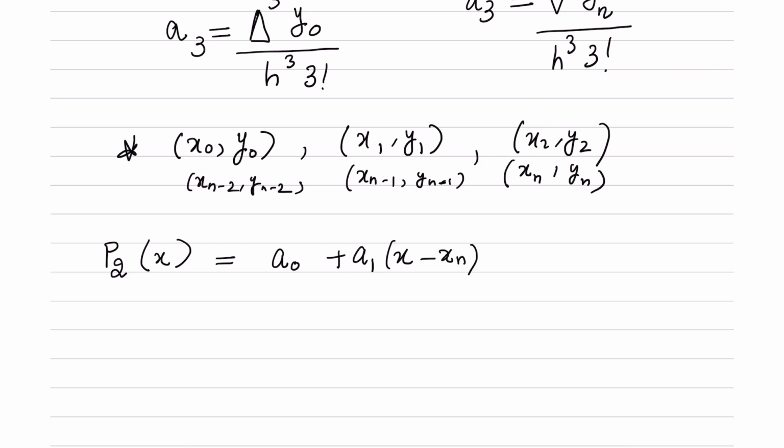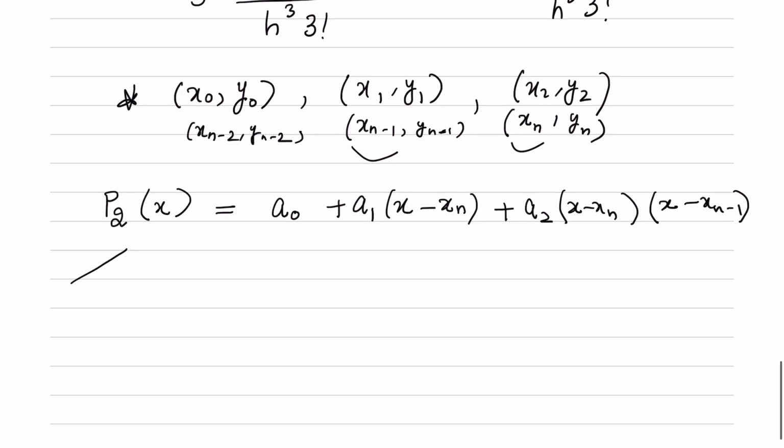So it's like we are going from the bottom of the data to the top, plus, since it's p2, you stop at a2, two factors. One is the previous one, which is x minus xn. So you have covered the last x. Now the x behind it, which is xn minus 1, so we write x minus xn minus 1.